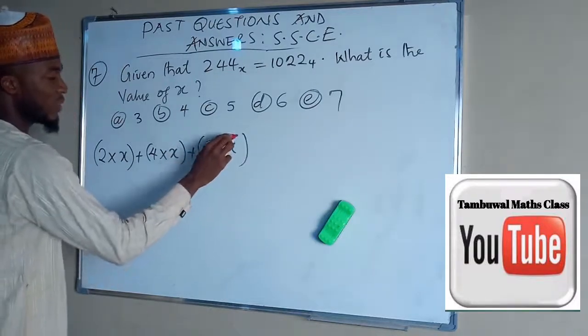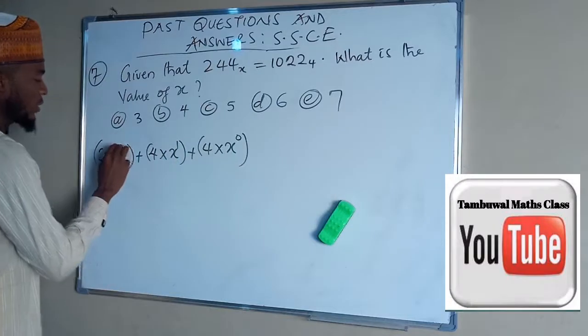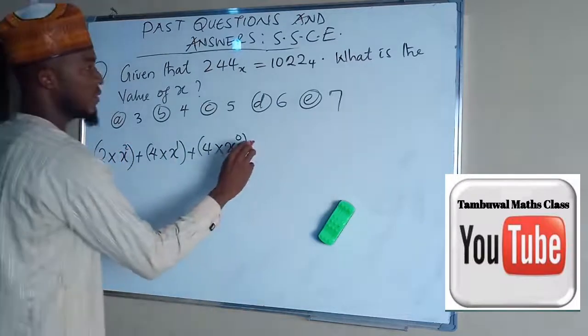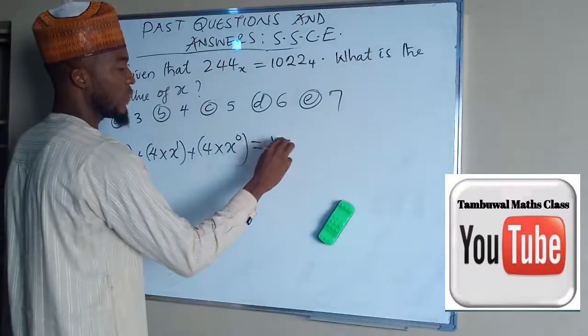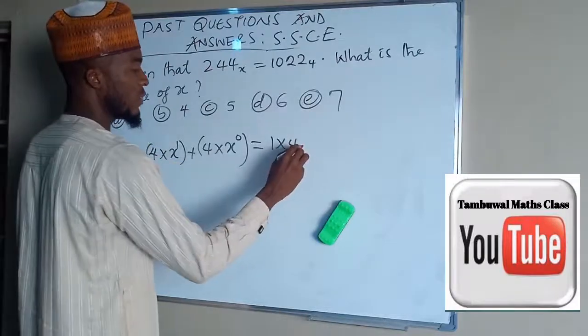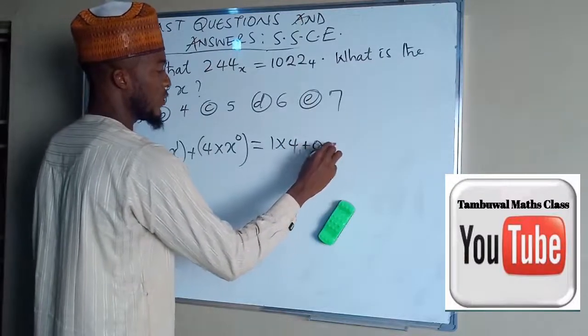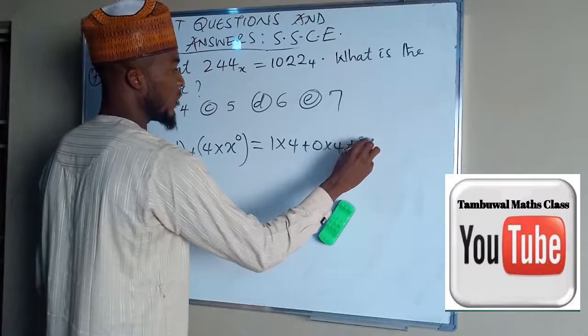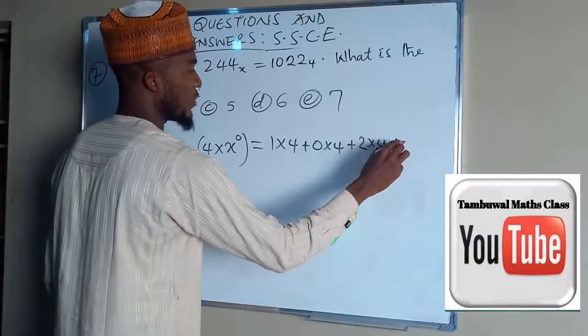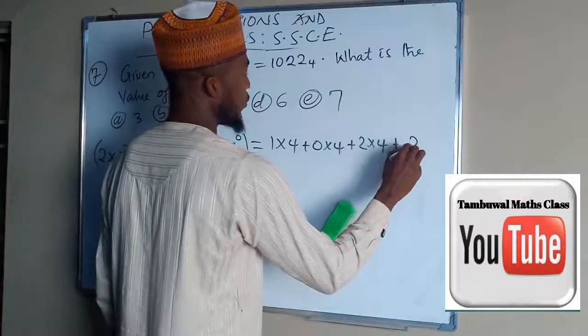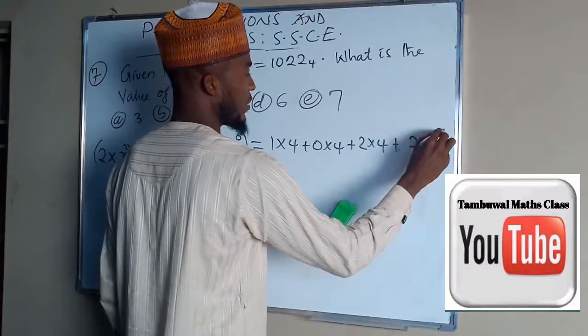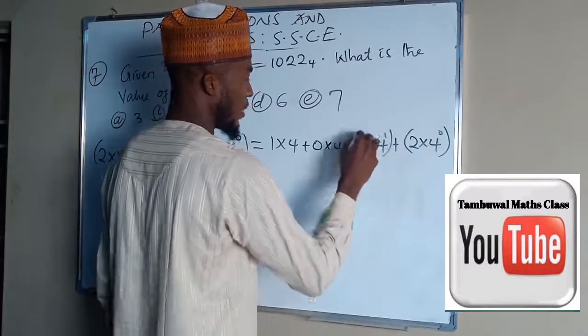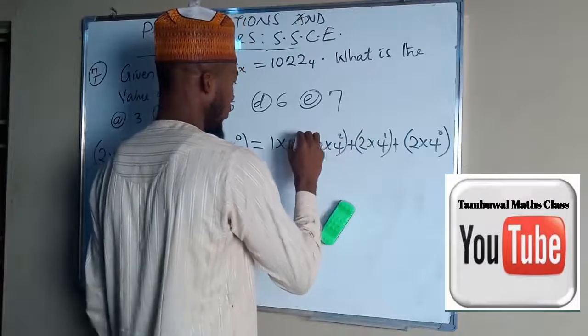Then you assign the index from 0, 1, 2. And this is the same thing as 1 times 4 to the power, plus 0 times 4, plus 2 times 4, plus 2 times 4, with index from 0, 1, 2, 3.